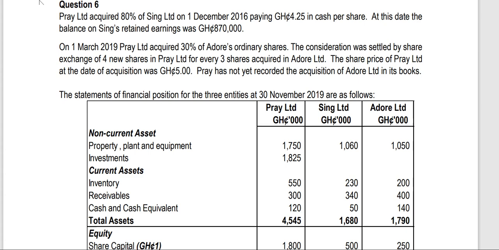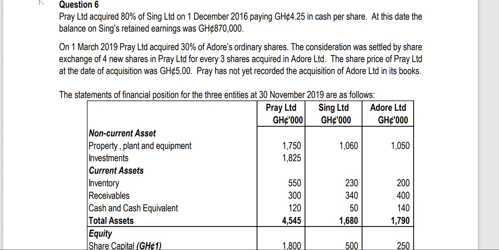So, for this week, we are looking at IAS 28, IFRS 11. Today, you've covered some questions in IAS 28 where you have applied equity accounting.